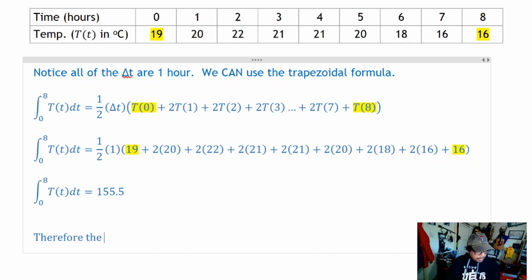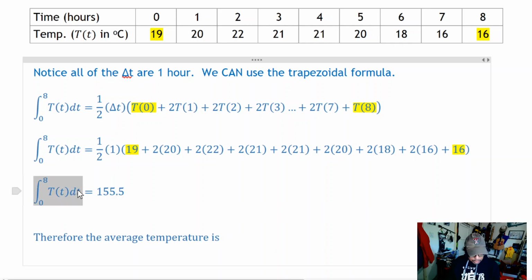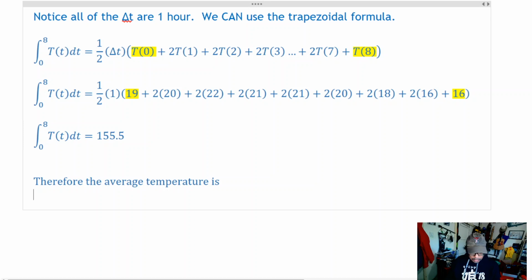Therefore, the average temperature is, we're going to take our integral and divide that by 8. We're going to put a 1 over 8 minus 0.